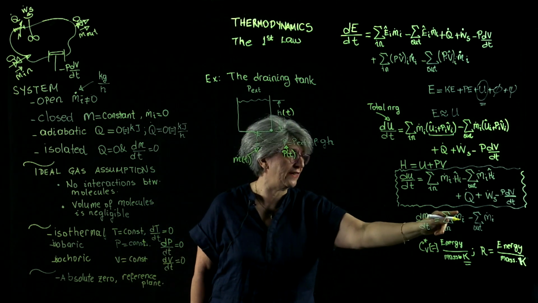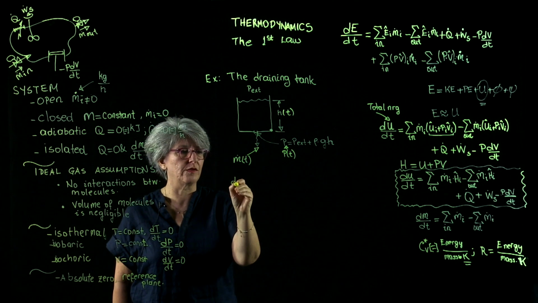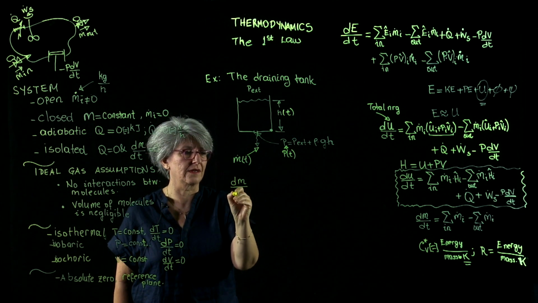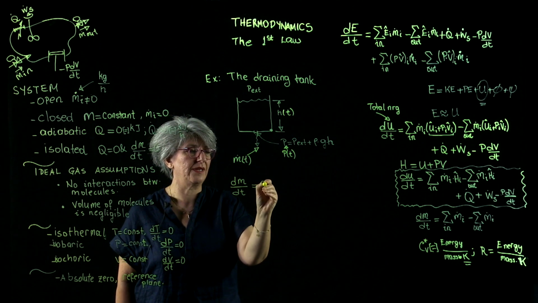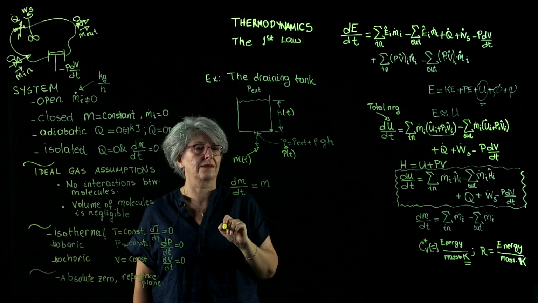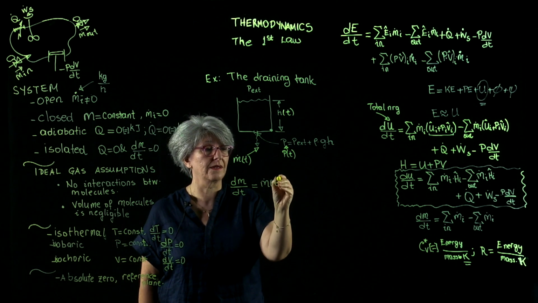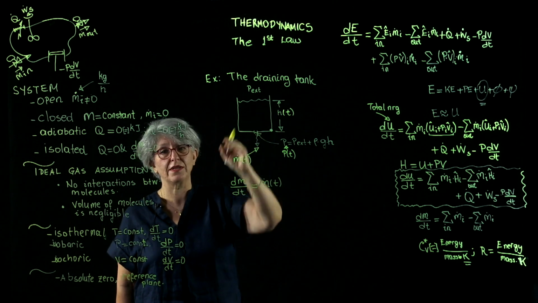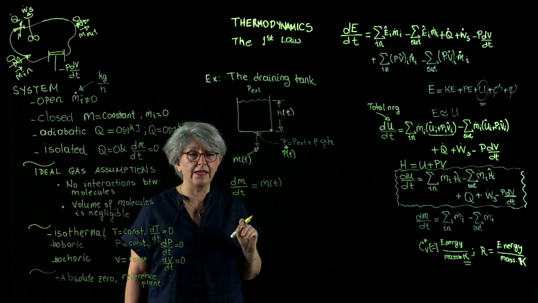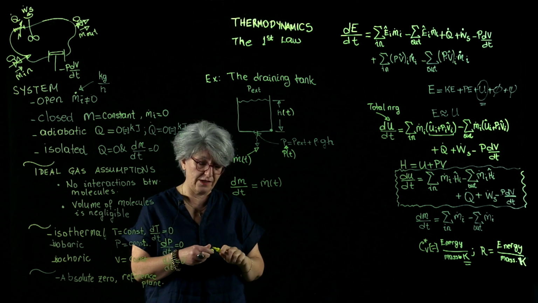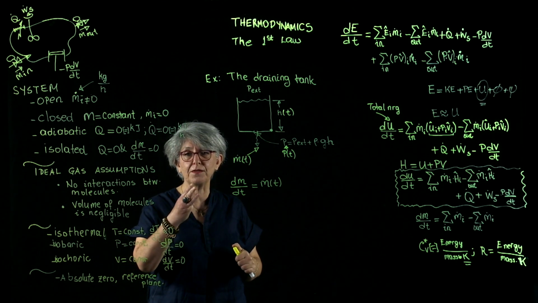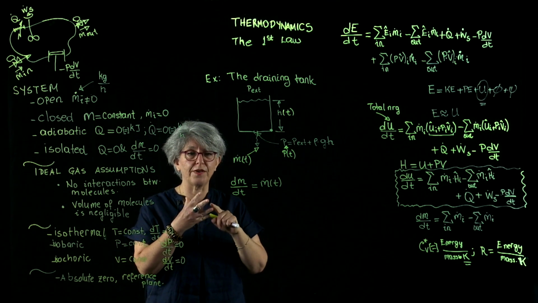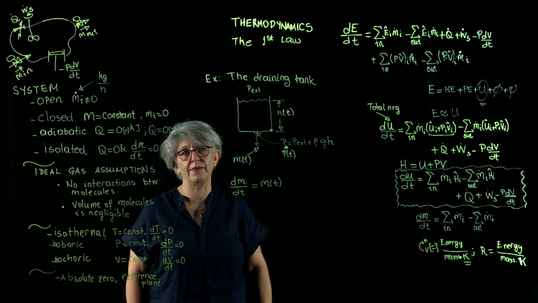Conservation of mass prevails. dm over dt is equal to m dot of t, and this m is already a function of t, and we are in a situation where we have three different variables: time, mass flow rate, and total mass.